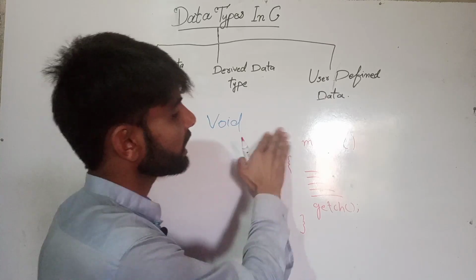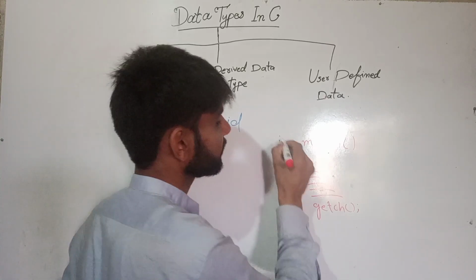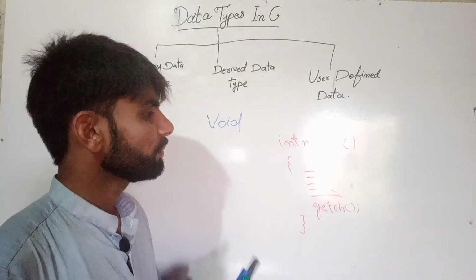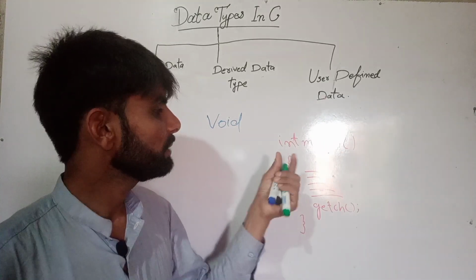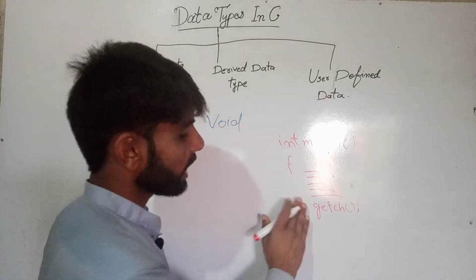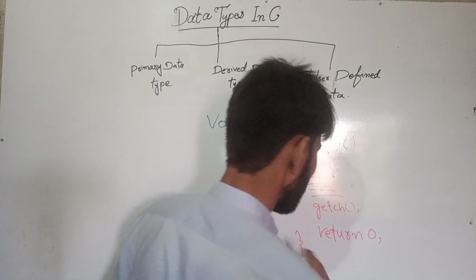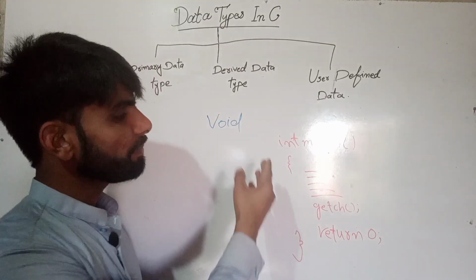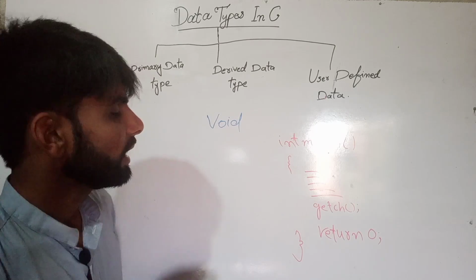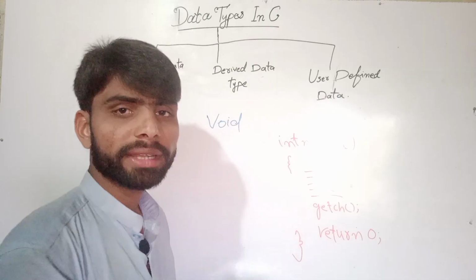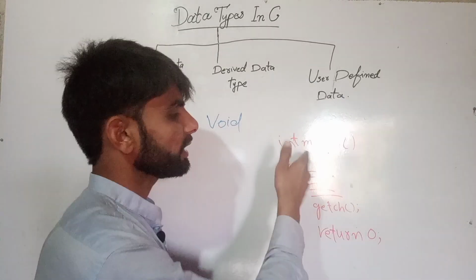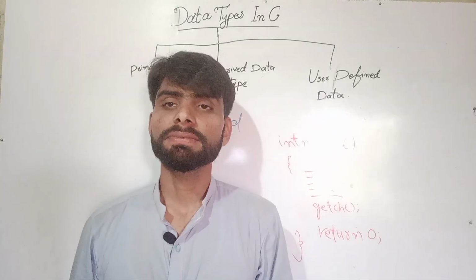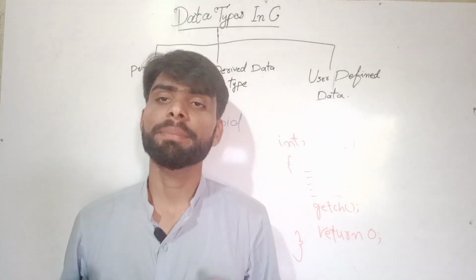For example, if main is int, that means we will return an integer value, so at the last we have to write any integer value to return from this main function, right? So this is the purpose of void. If we write void main, then at the end of execution we will not return any value from this function. So this was all about the primary data types.